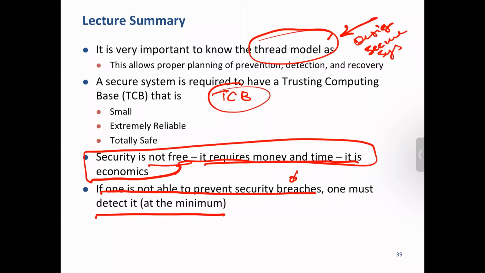All right. Okay, like you have help in the home and you have old parents, and then that help or that person starts stealing. Okay, then you should come to know. You cannot prevent it, but you should know that something is happening, and then you can take some actions.